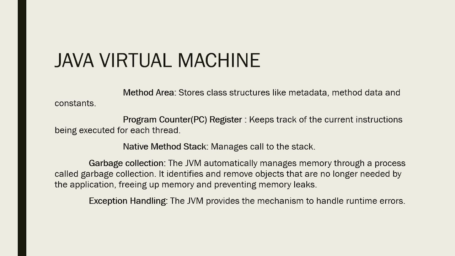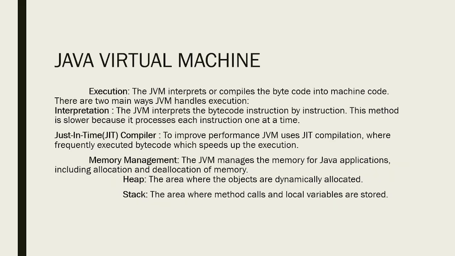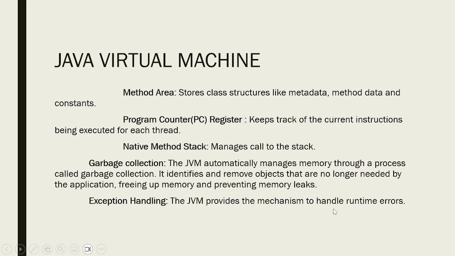Then the native method stack, which manages the calls to the stack. Already we have mentioned that there is a stack memory where method calls and local variables are stored. So the native method stack manages the calls to the stack.